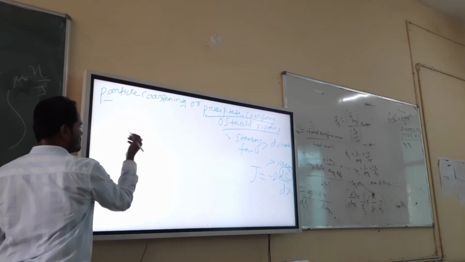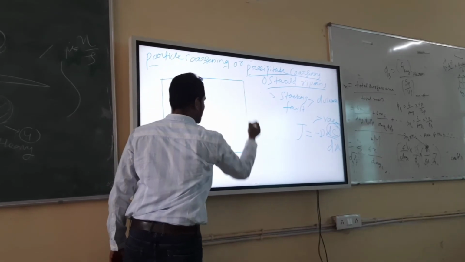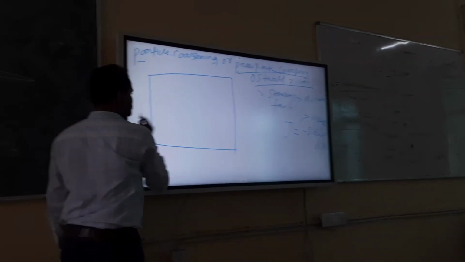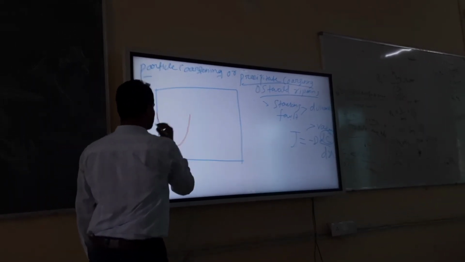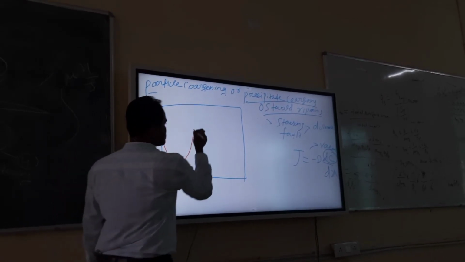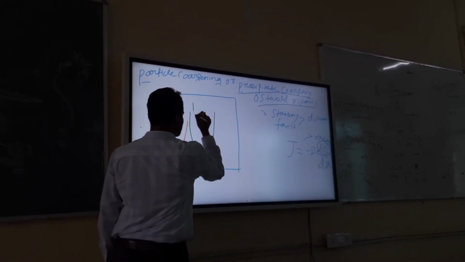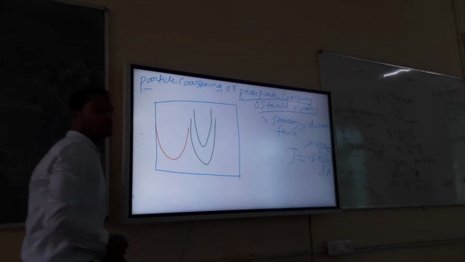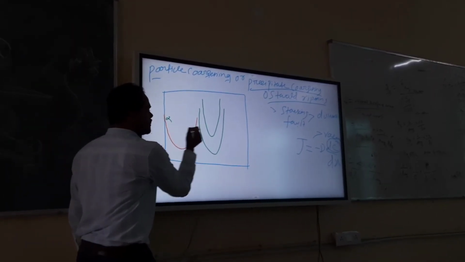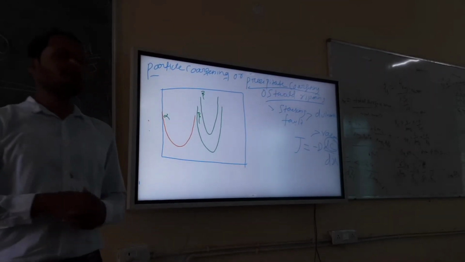Okay, and one more diagram, the last. So this is alpha, and this is suppose beta, and this is also beta. Can you tell me what is the difference here?